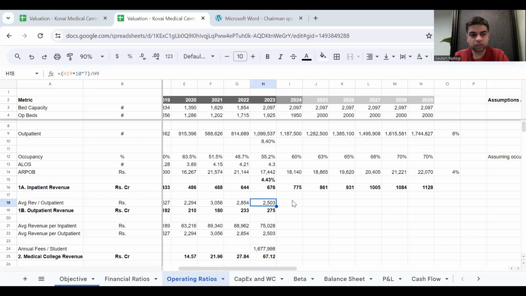So for average revenue per outpatient, I will assume the same 4% that we assumed for average revenue per operating bed for inpatients.